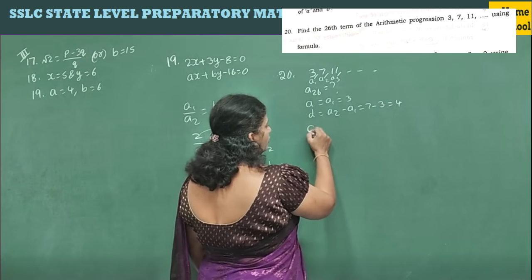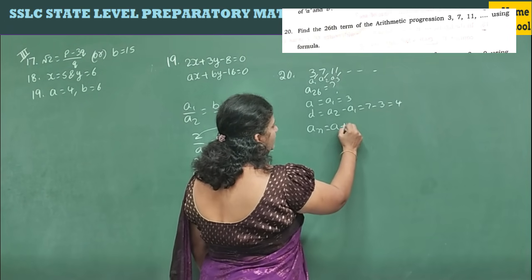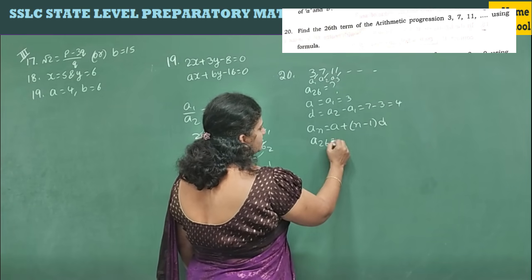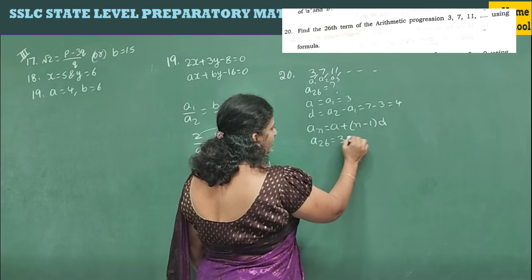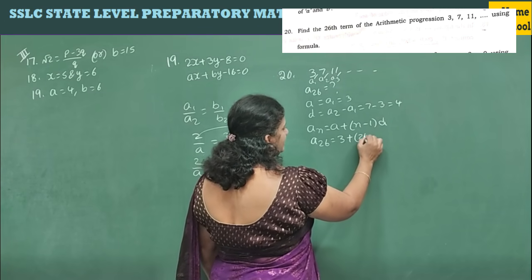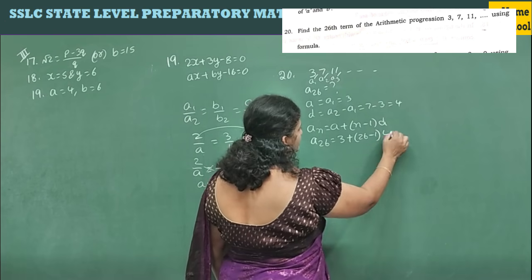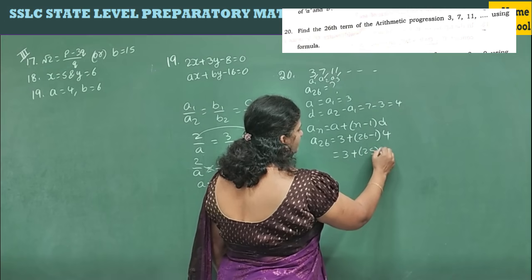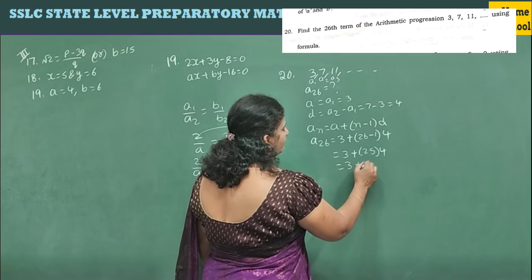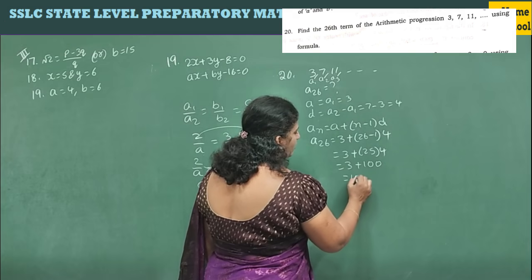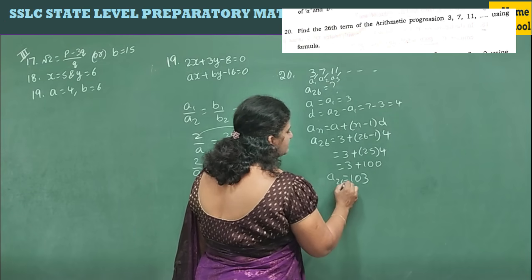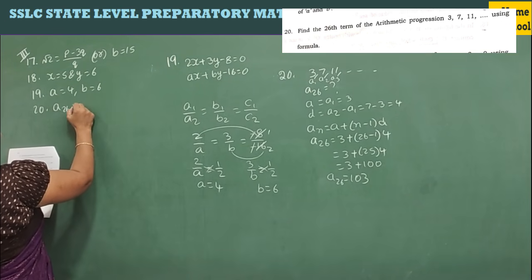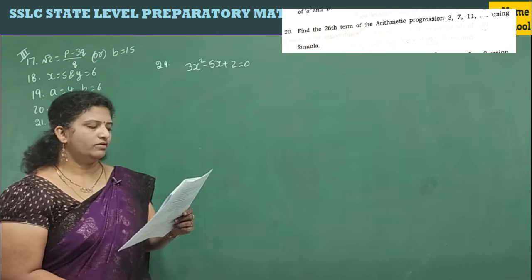We know the formula, what is that? An is equal to a plus (n minus 1) into d. A26 is equal to a value is 3, n value is 26 minus 1, and the d value is 4. 3 plus 26 minus 1, 25. 25 into 4, 25 4s are 100. 100 plus 3, 103. 26th term is 103. A26 is equal to 103.